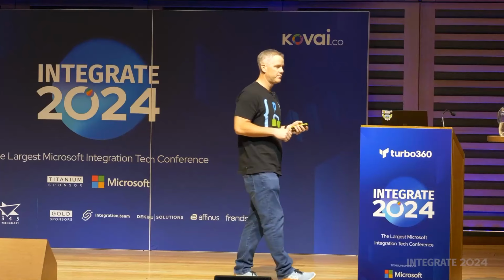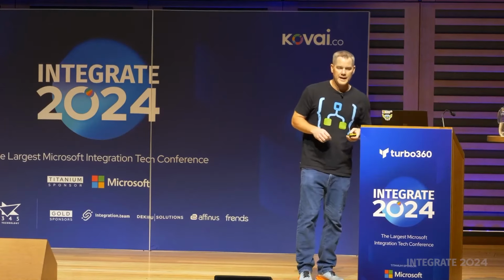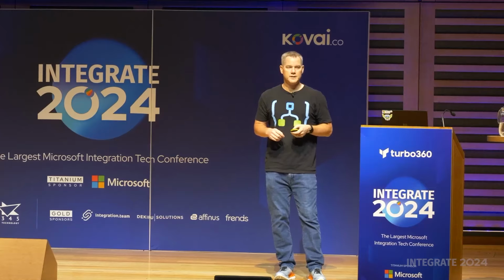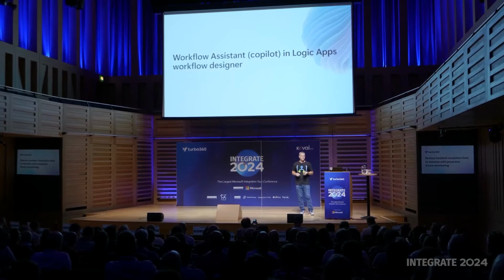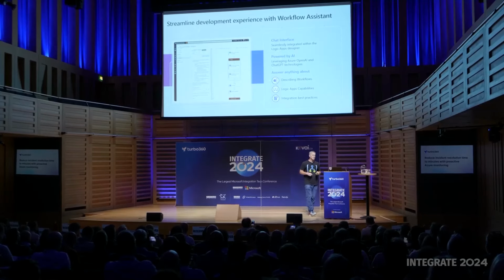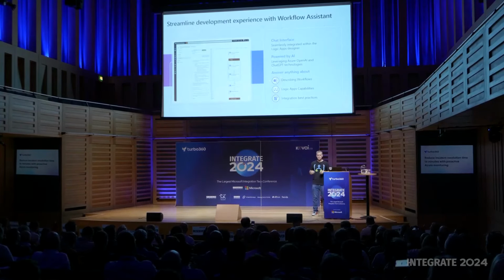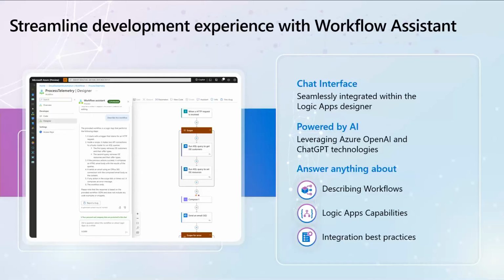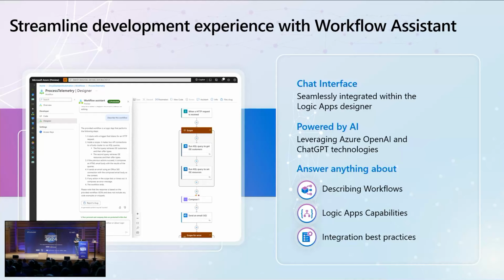So let's talk a little bit about the first part, and that has to do with our workflow assistant that currently is in the Logic Apps Workflow Designer. Now, this is a chat-based interface that allows you to essentially chat with your particular Logic App, your workflow in this case. And so we're able to provide an experience that allows you to ask questions about the workflow in question.